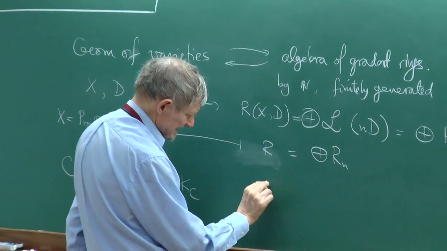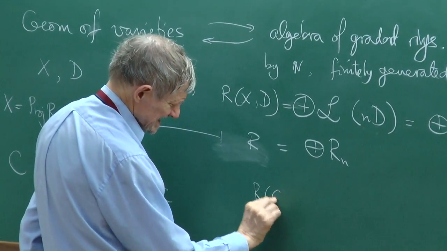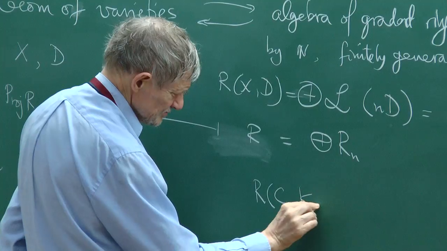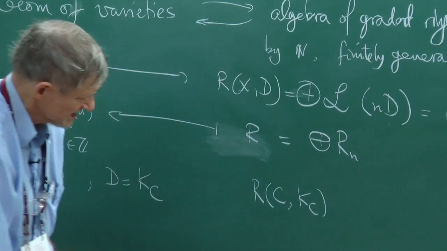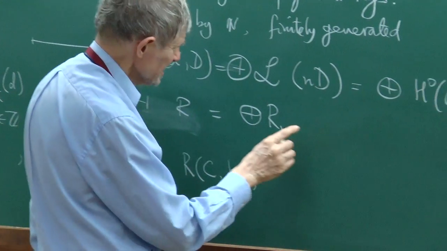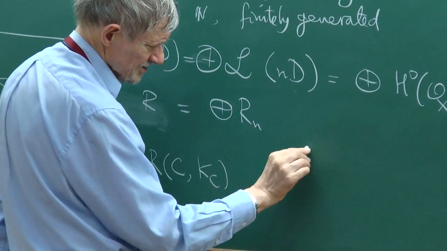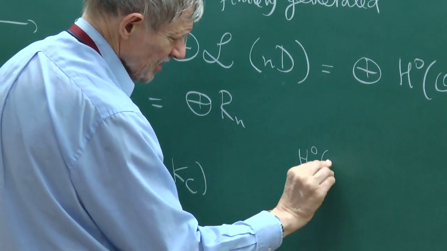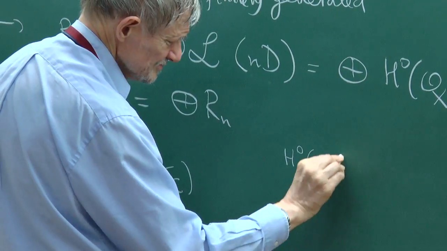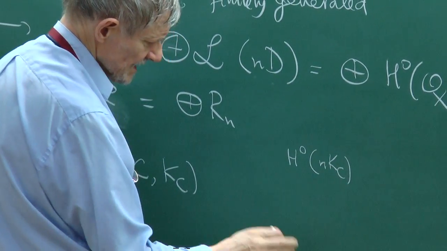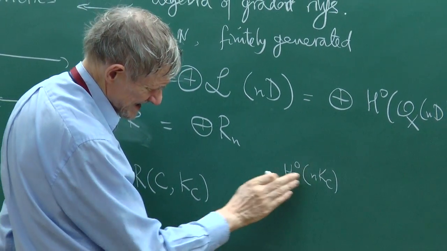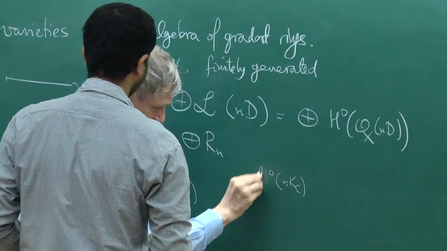I want to write down R(C, K_C). To do this, I need to use the Riemann-Roch theorem to tell me H^0(nK_C). This is supposed to be a vector space, and a vector space has a dimension.